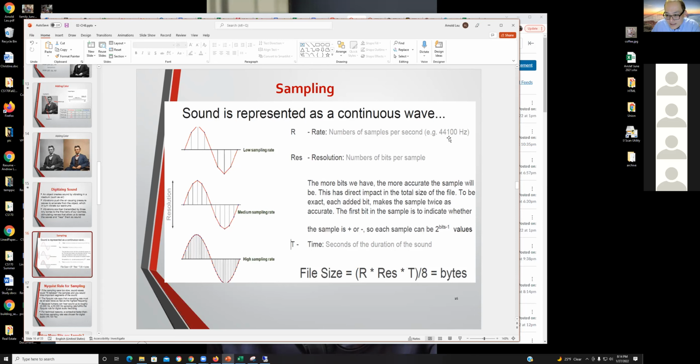In this case, 44,100 hertz, okay? So how many times you want to sample something, the more you sample it, the better resolution you get, okay? Approaching infinity, right?